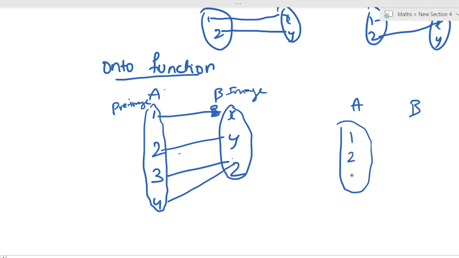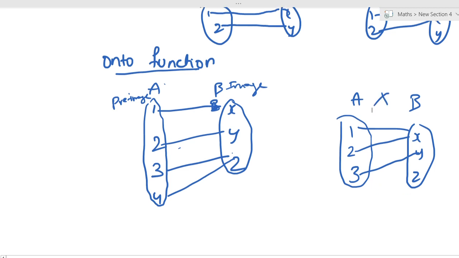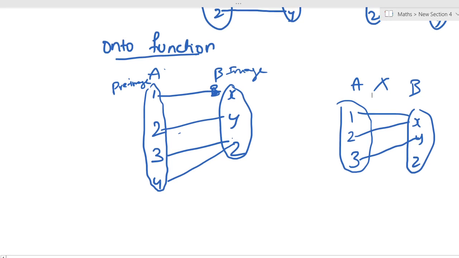If I say 1, 2, 3 and X, Y, Z, here Z is left. It doesn't have any pre-image. So this is not an onto function.